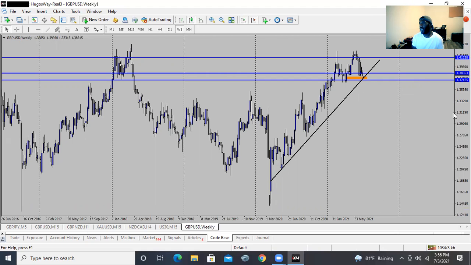If we get lower than the 1.37250, 1.3700, we have a little support here. It will be a major support, but that's just a little more room of support that we can push into and then continue to the upside.